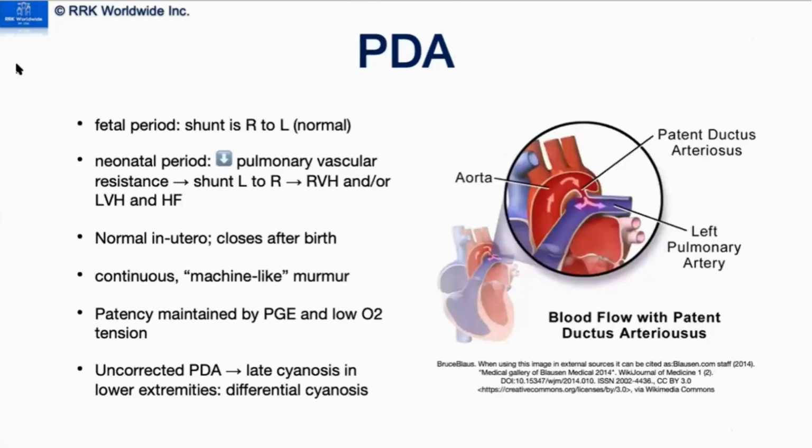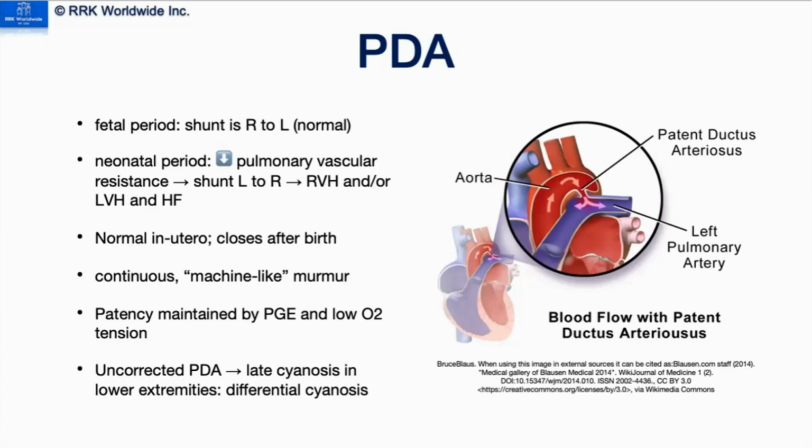PDA, patent ductus arteriosus. We spoke about the ductus arteriosus, but here it remains patent. You can see the connection between the aorta and the left pulmonary artery. It's supposed to close, but here it remains patent, so you have this connection of blood from the aorta to the left pulmonary artery.